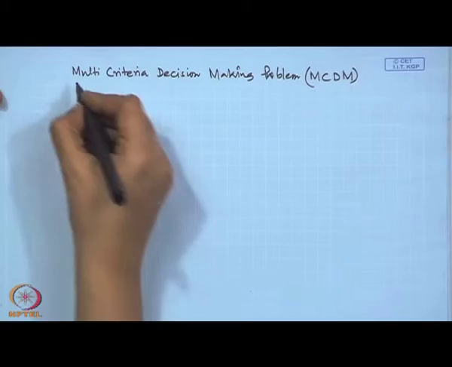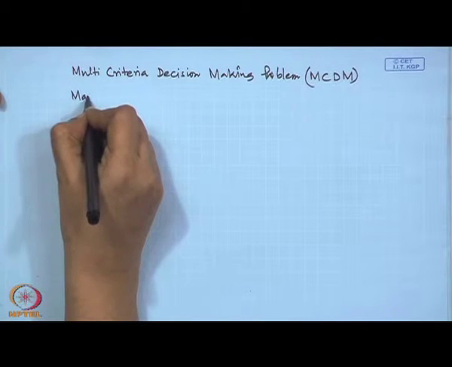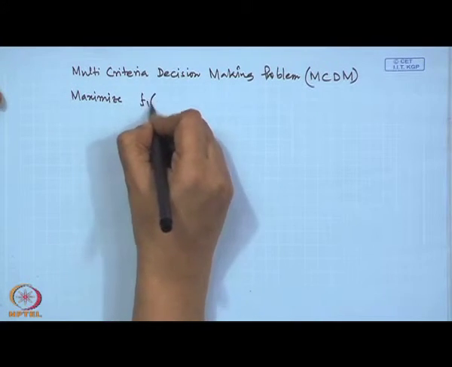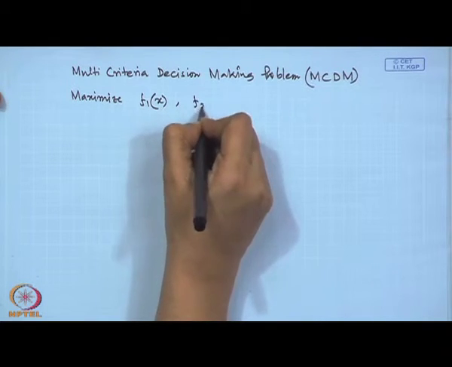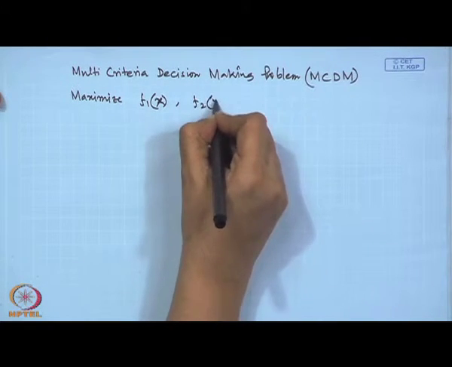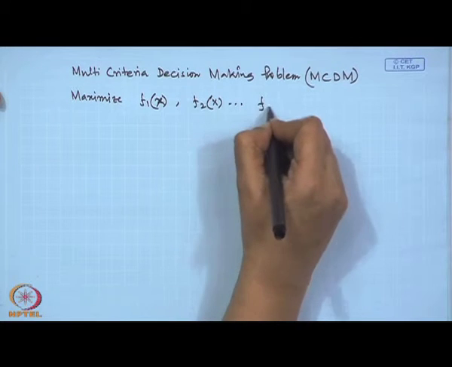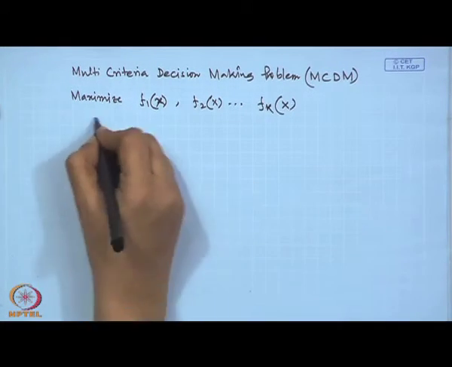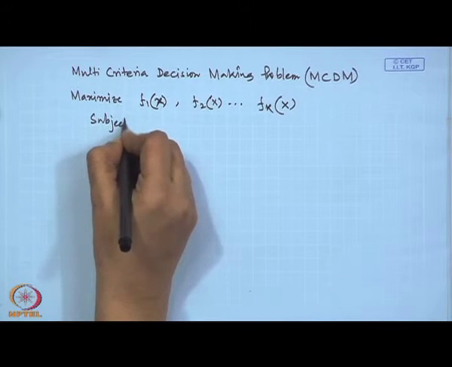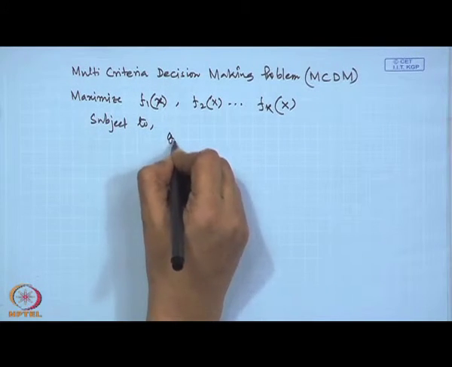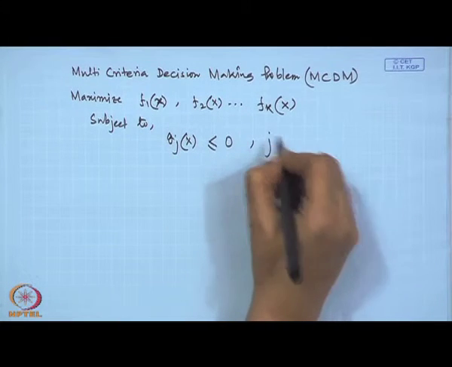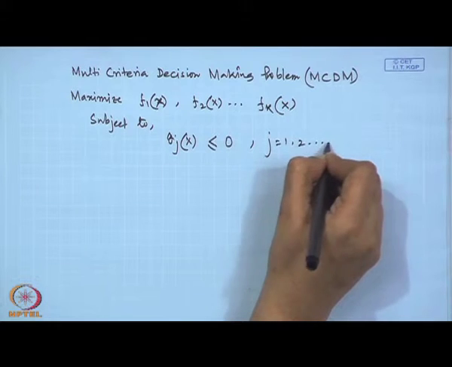If I write down the mathematical form of a multi-criteria decision making problem, I can write: maximize or minimize the first objective function, second objective function, up to the k-th, say we have k objective functions together, subject to a set of constraints, say there are m constraints.